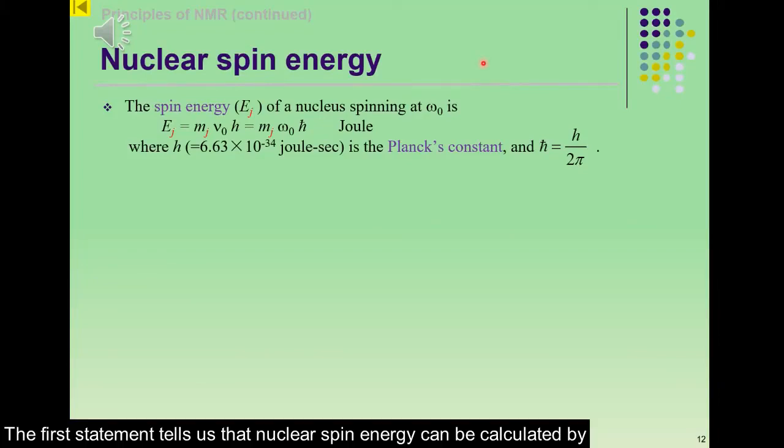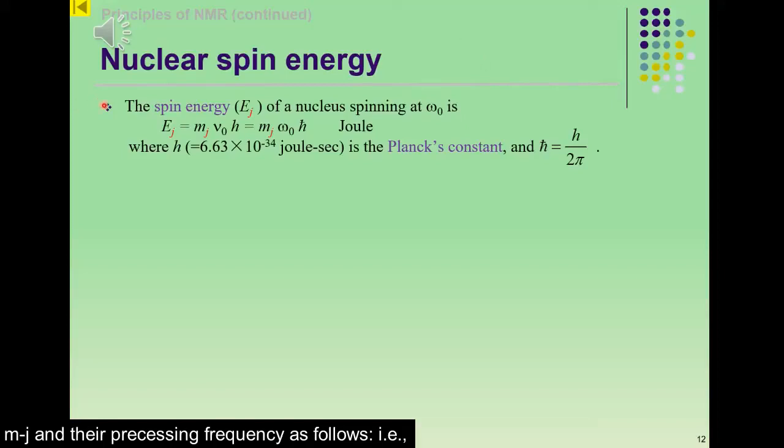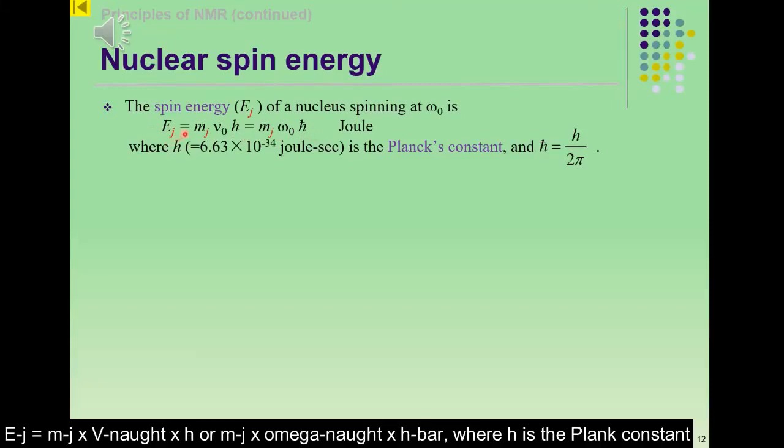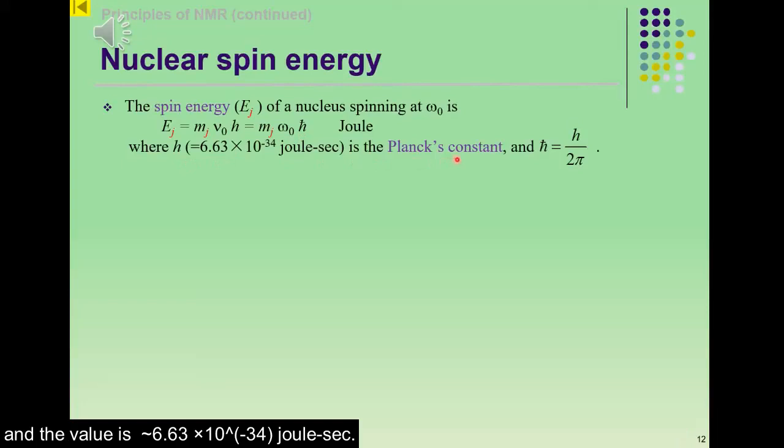The first statement tells us that nuclear spin energy can be calculated by MJ and their precessing frequency as follows, i.e., EJ equals MJ times V0 times H, or MJ times omega naught times H bar, where H is the Planck's constant, and the value is approximately 6.63 times 10 to the power of minus 34 joule second.